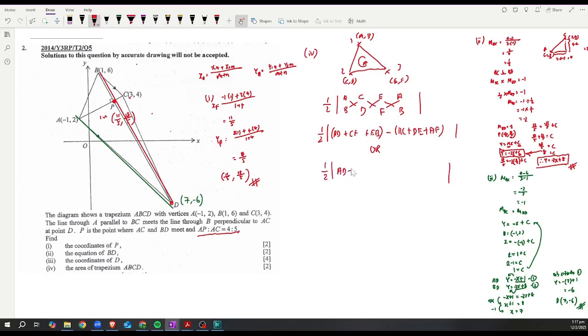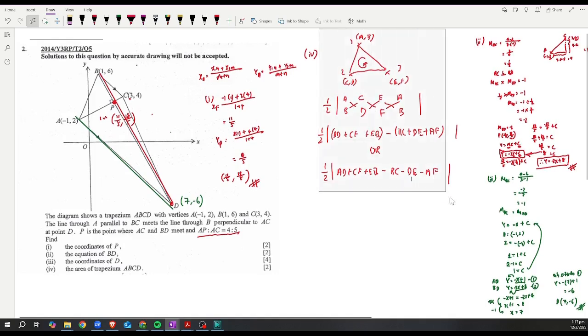AD plus CF plus EB, and then you just minus all the products of the other coordinates. So BC minus DE minus AF. So decide which one you are more comfortable with, and then just stick to that one to avoid any confusion. Okay, so let's apply this formula here.